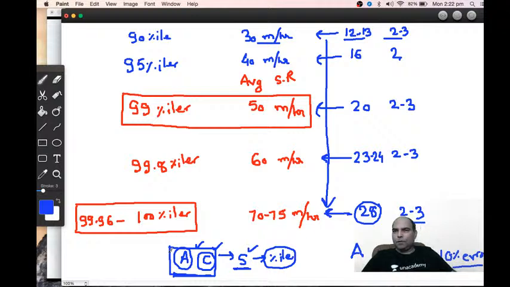Maybe once you finish your first round of LOD 1 and 2 and you are ready to go to LOD 3. Ideally it should be done a little before the mocks. The chapters on which you should do LOD 3 are averages, ratio proportion, number systems, progressions, functions and equations. These 6 chapters you should do your LOD 3 on.